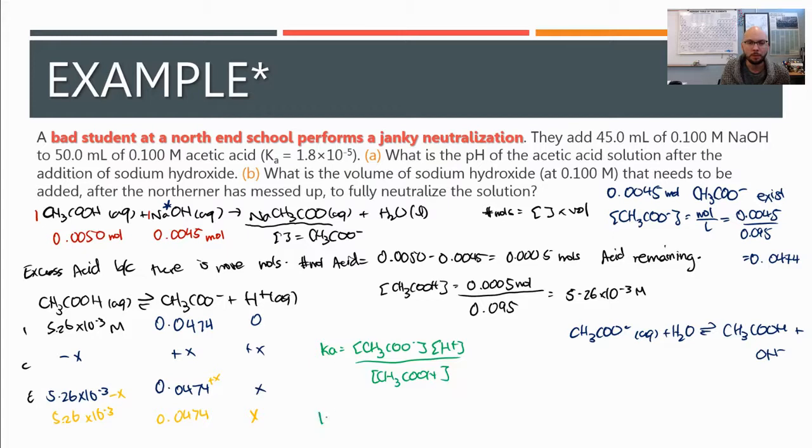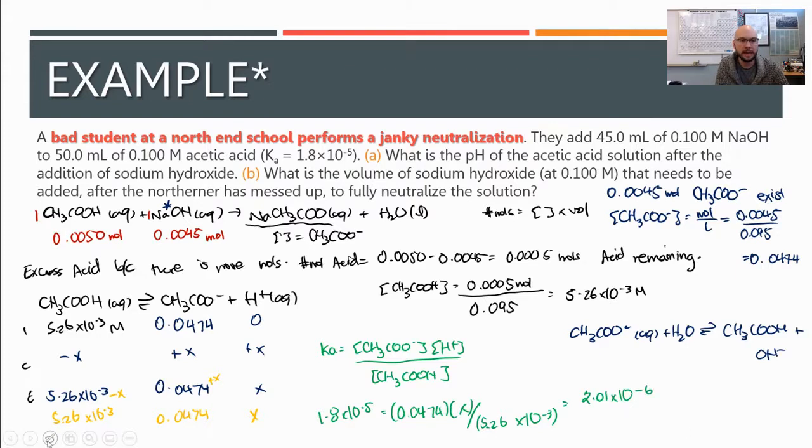So we get 1.8 times 10 to the negative 5 is equal to 0.0474 times x all over 5.26 times 10 to the negative 3, which works out to being 2.01 times 10 to the negative 6.